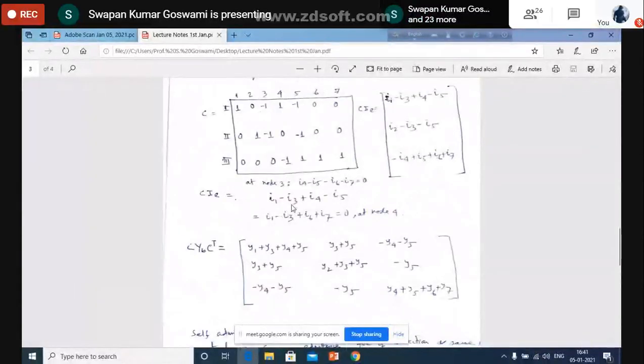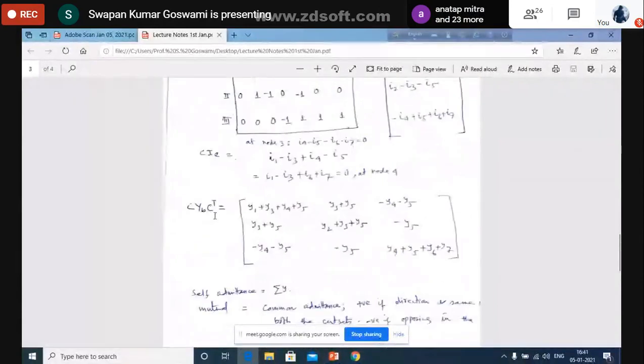Okay, and then we have formed C YB C transpose, because we have derived an expression for the equilibrium equation using the Kirchhoff matrix, that was C YB C transpose Vt equal to C IS minus YB VS. This was the expression. Then how may C YB C transpose be explained?